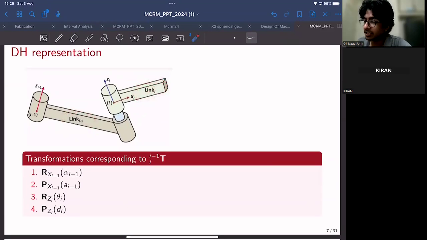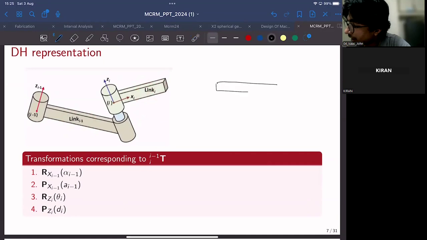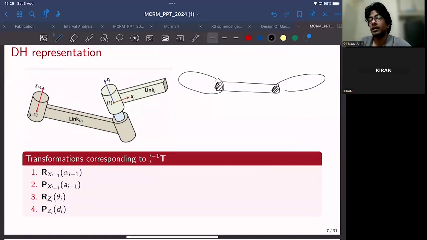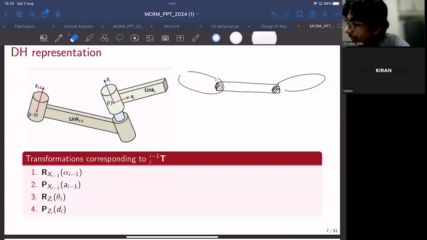The essential thing to be noticed is that you have a link like this, which will have two joints, one at this end and another at the other end. And what do we call these sort of links having two joints? Because a link like this can only connect to two other links. We call these sort of links binary links.